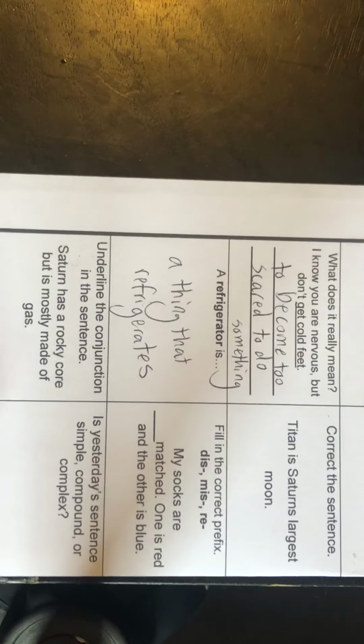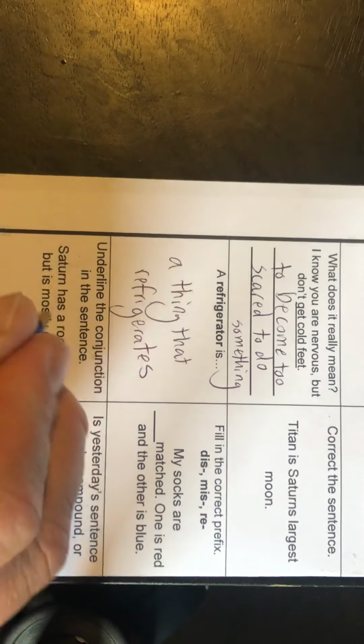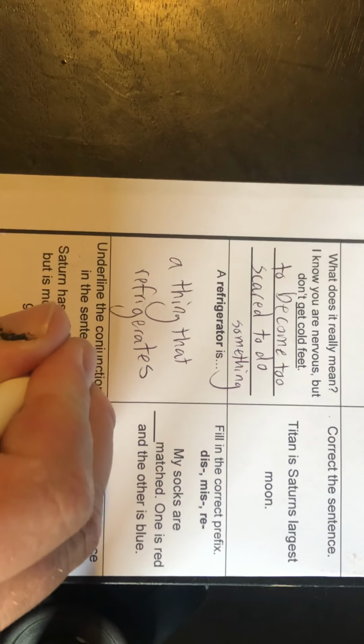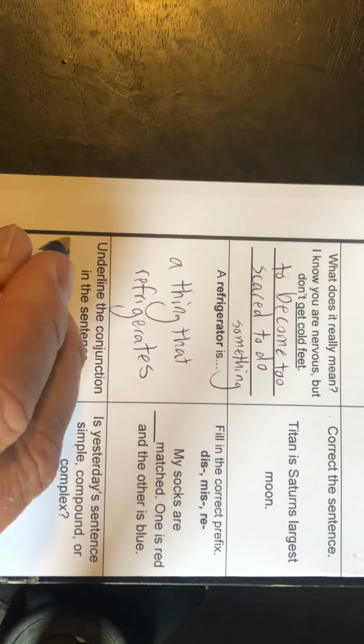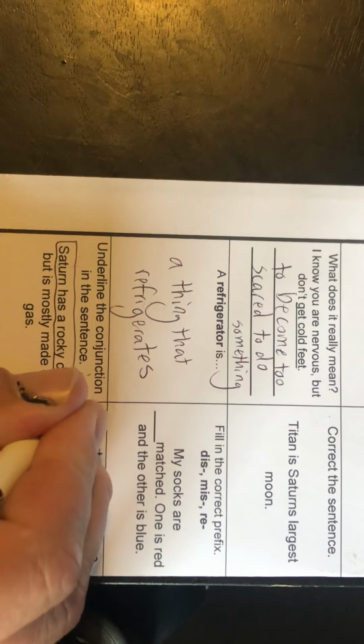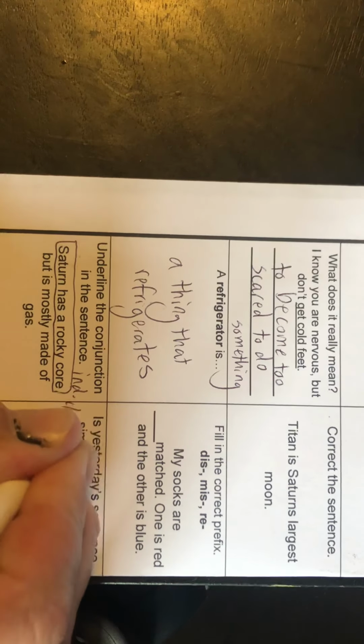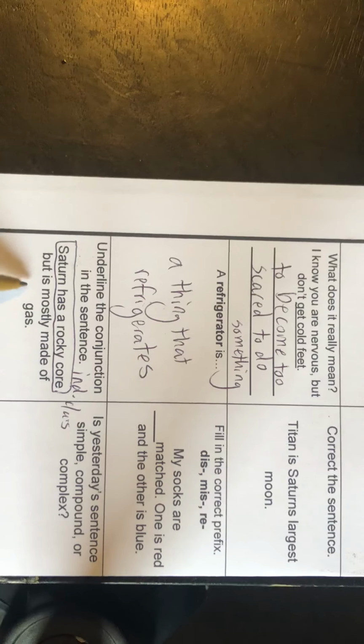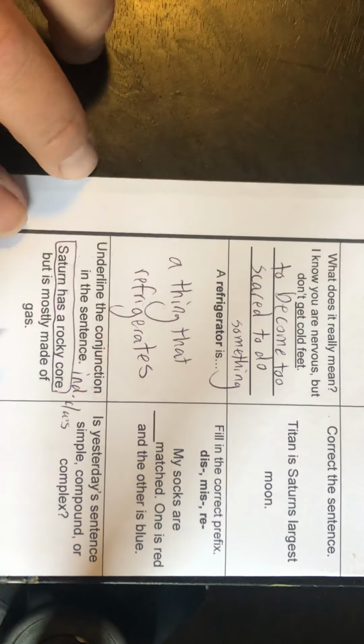Okay. Underline the conjunction in the sentence. Saturn has a rocky core. So this is an independent clause. This can stand alone. Is mostly made of gas.